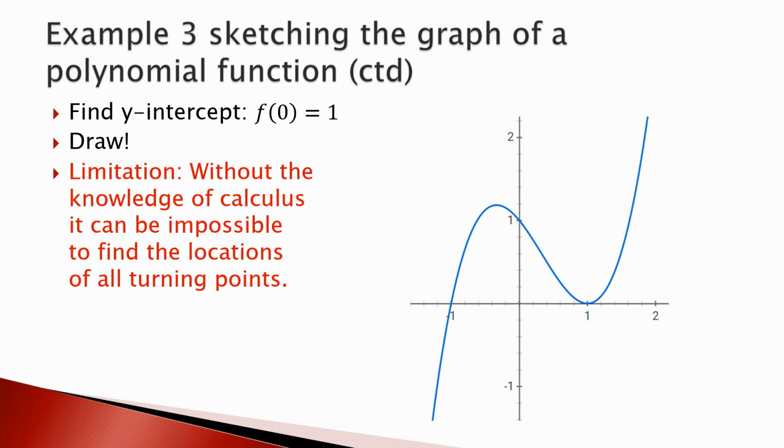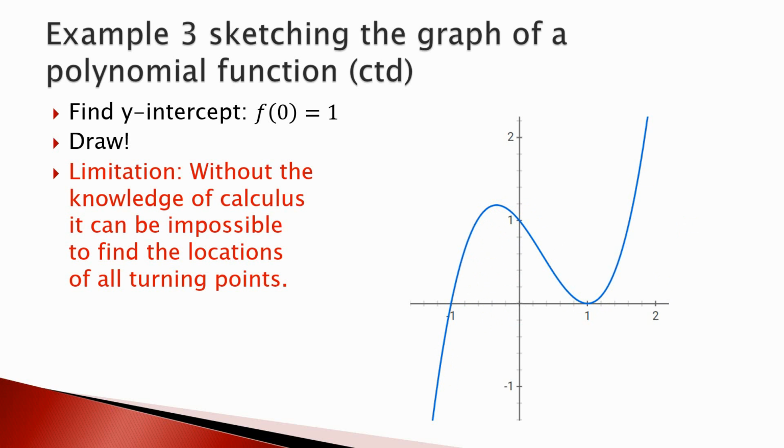With calculus you can, but this graph is actually drawn by a computer, so this is correct. But when you are doing this in exams, you will not be able to find where this maximum value will occur. So we will give credit even if you draw something like that, but all the other things have to be correct. Okay, so with calculus you can find it.